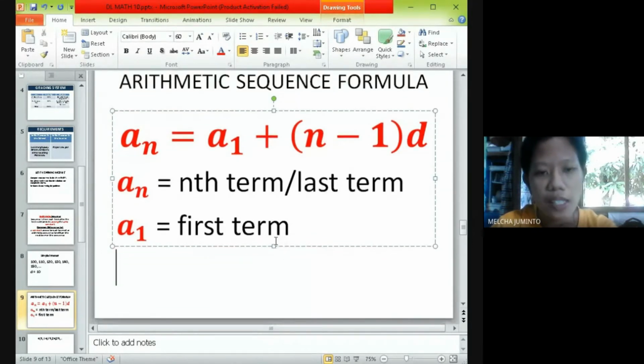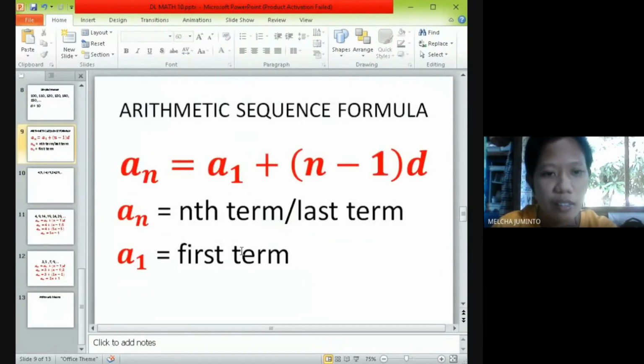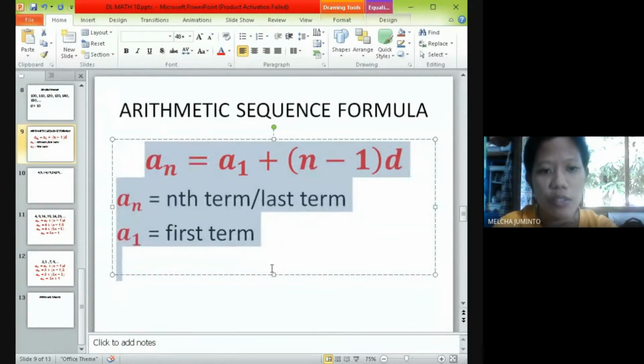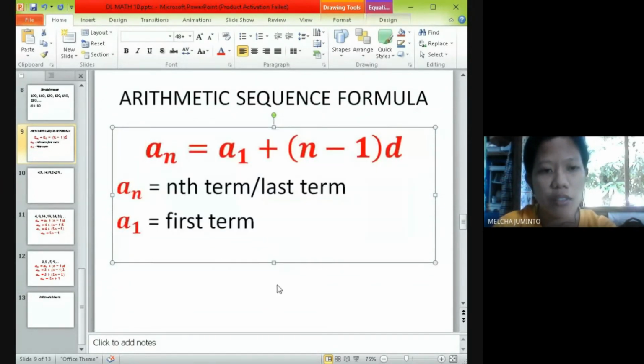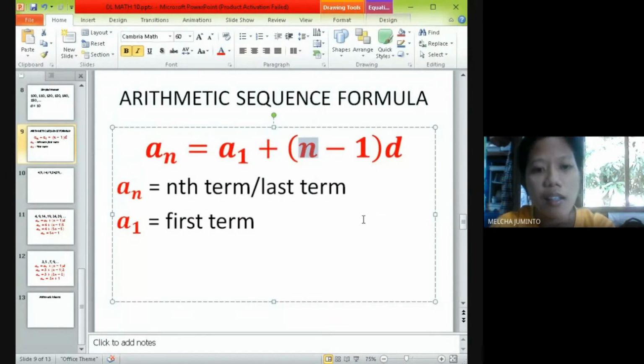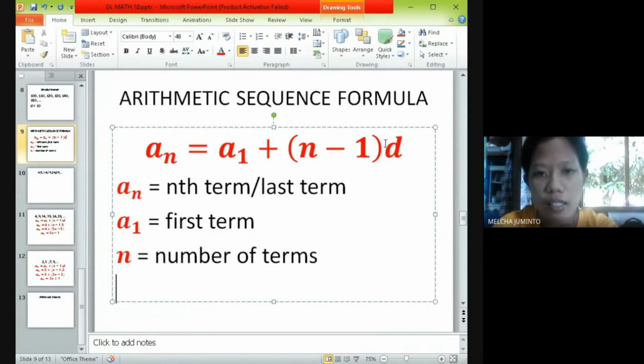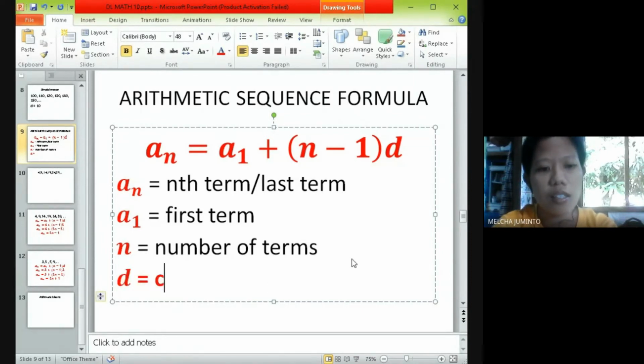No need to copy this kasi I already included this in the activity sheet. Nandun sa activity sheet itong mga meaning ng every symbol sa formula. n means the number of terms. While the 1 is constant naman. While the last part of the formula is d. d is the common difference.